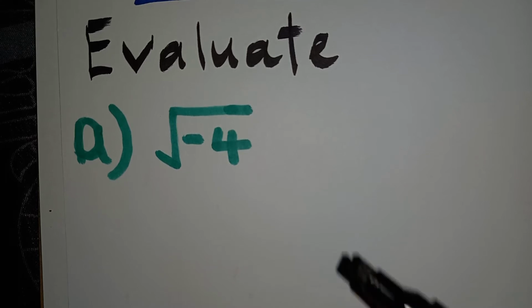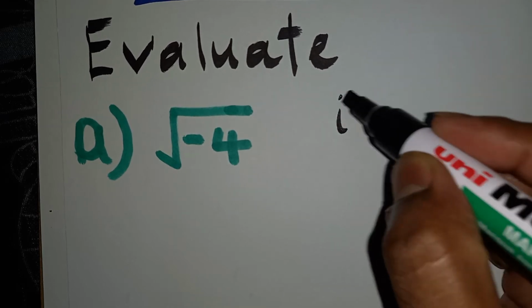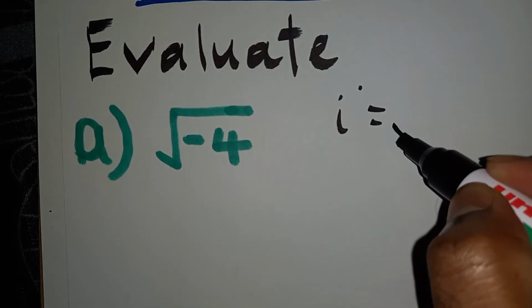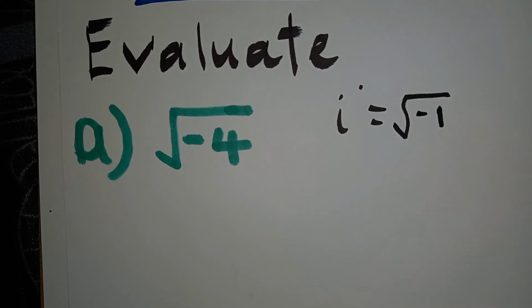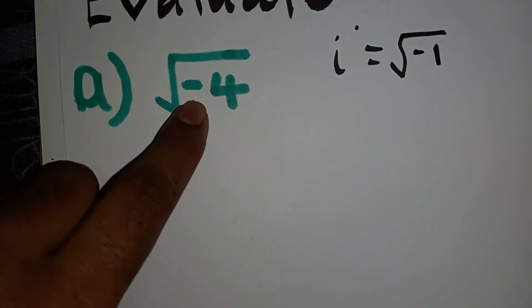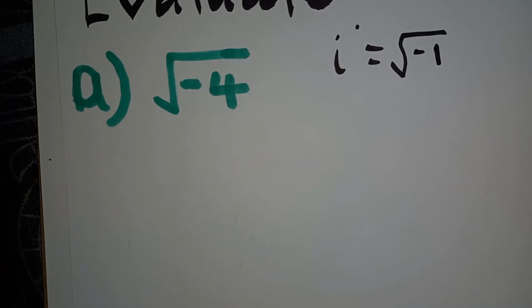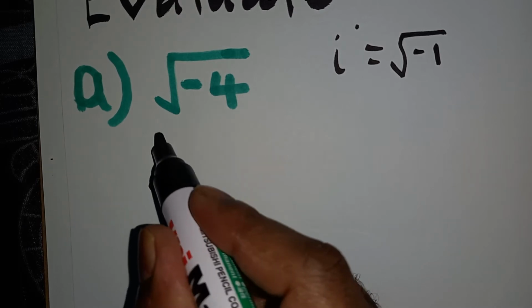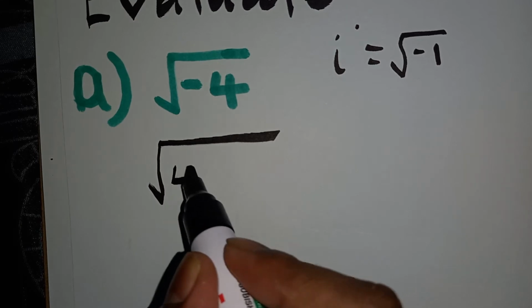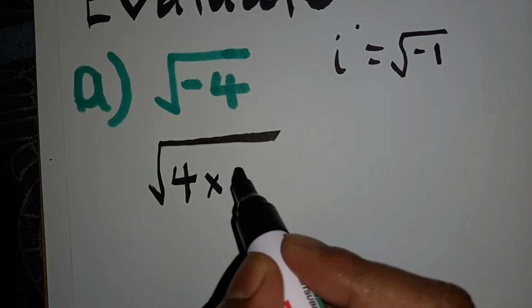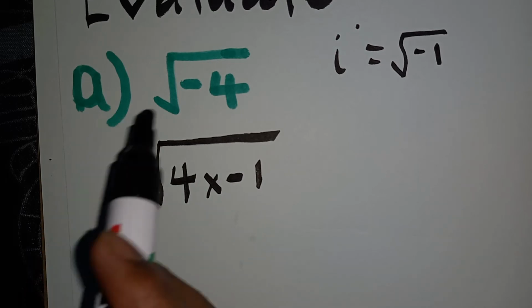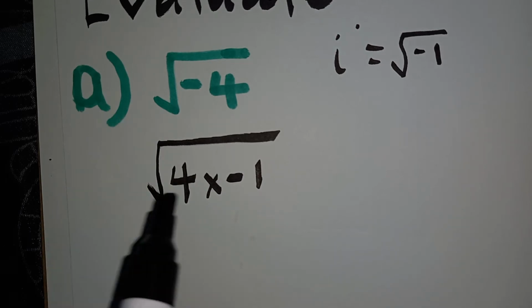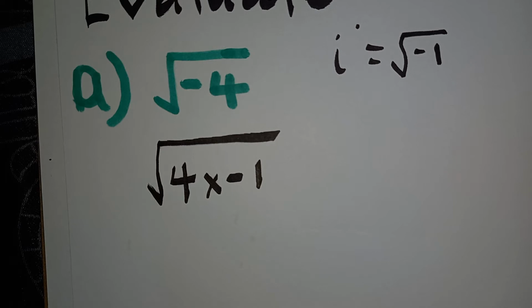Please note that i is equal to the root of negative 1. Now this root of negative 4, we are going to dissociate it and write it as factors. So I will take the square root of 4 times negative 1. Square root of negative 4 can also be written this way, because 4 times negative 1 will give me negative 4.